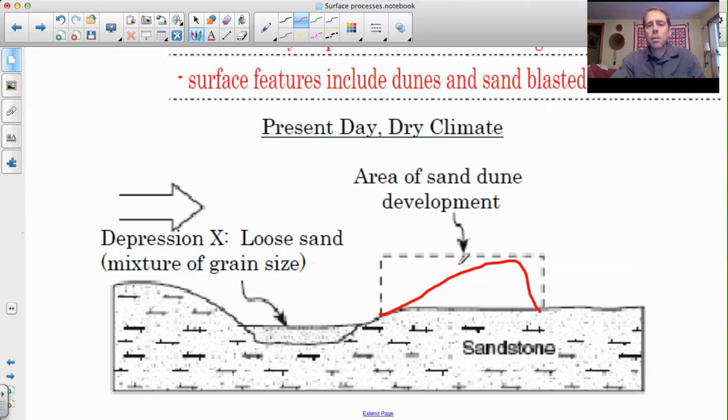As the wind is blowing, it's picking up and rolling those sand grains, and then it slows down and drops them over the side. So as the wind is blowing this way, the sand dune is generally more gradually sloped on this side than on the other.